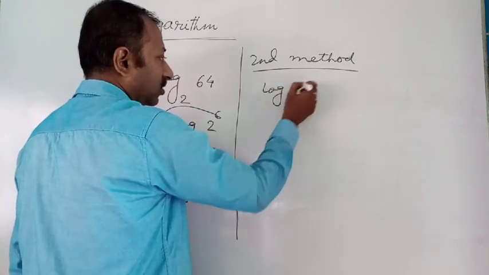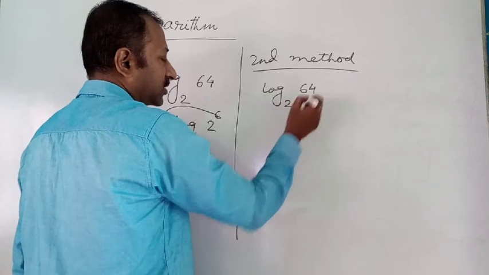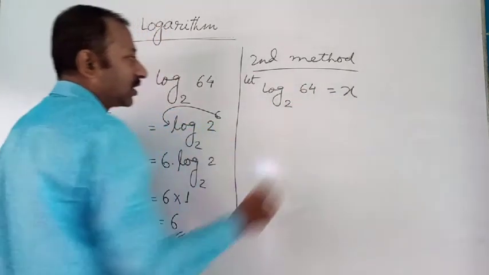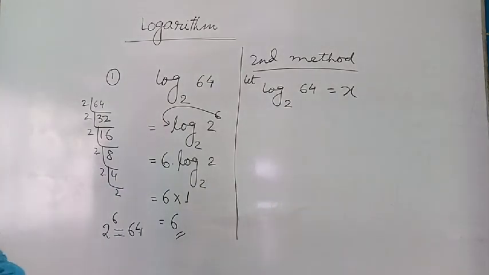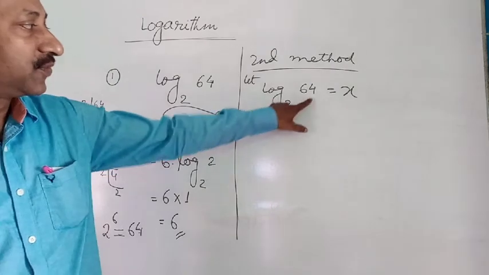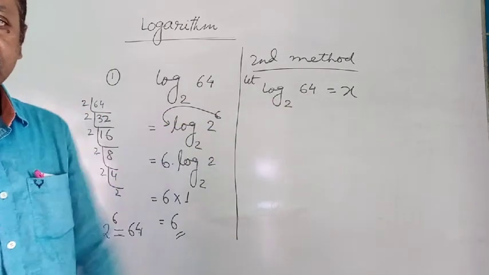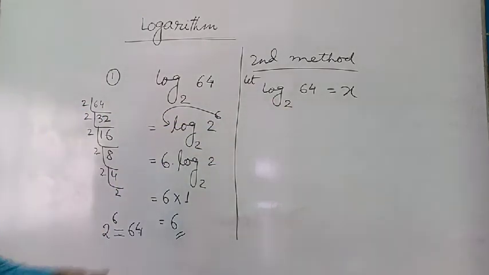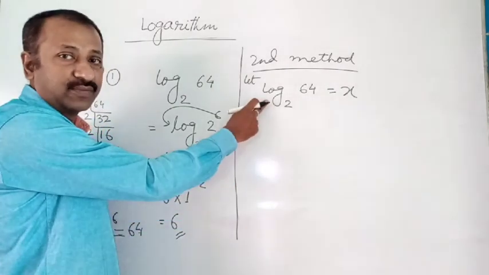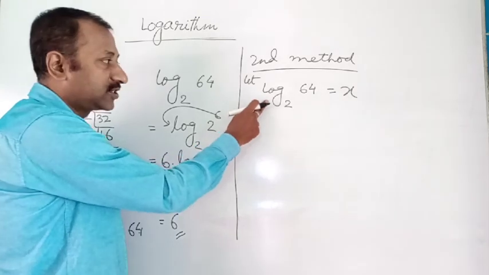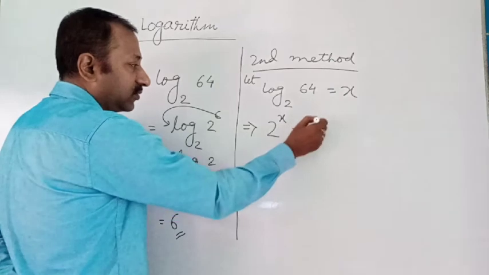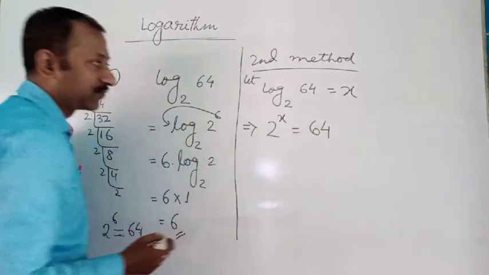Log 64 base 2. Let log 64 base 2 equal x, supposing we don't know the value of this. Now what will we do? We are going to remove the log. From the definition, this will be 2 to the power x equals 64.